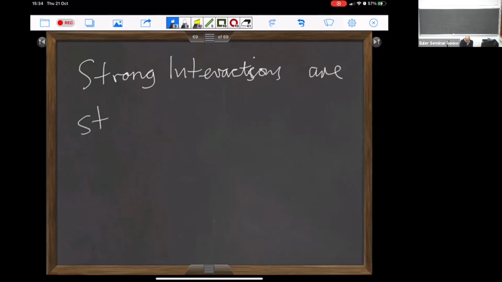The strong interactions, which are the SU(3) interactions, are called strong. They're actually strong at low energies.